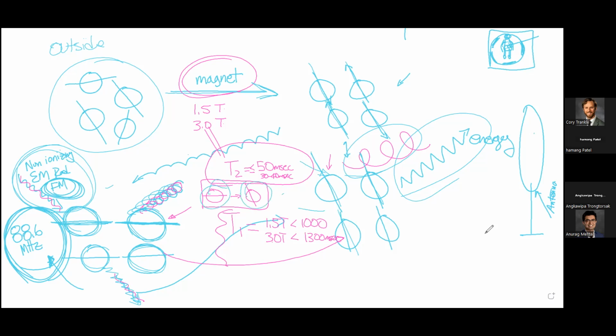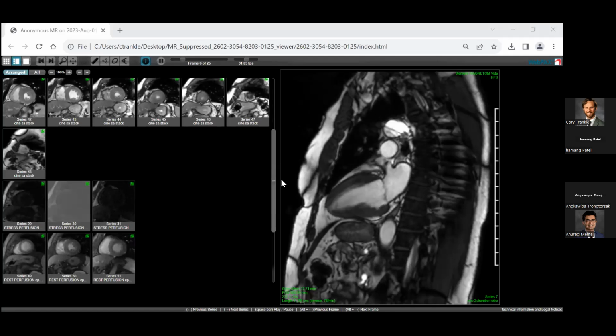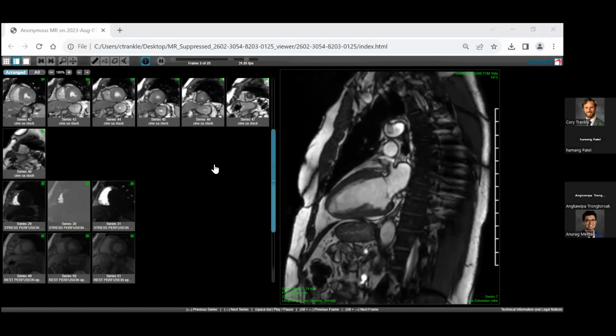And then we have the winding and unwinding process that takes a little bit longer. 1.5 Tesla is usually less than 1,000 milliseconds, and 3 Tesla usually less than 1,300 milliseconds. Okay? So let's go to the images. We're going to look at a case for a second. Any questions on that? All right, so let's scroll up.